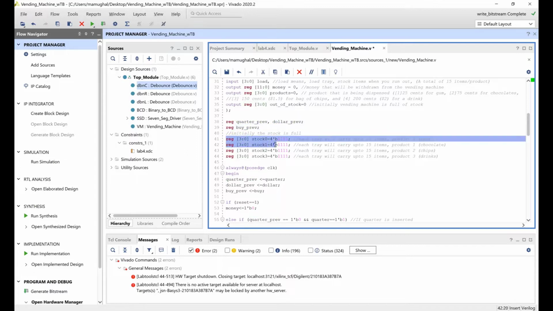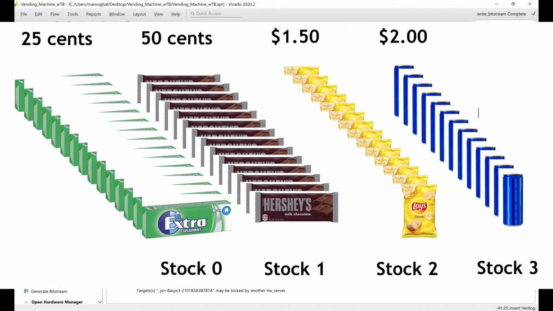Initially, we're going to have the full stock of the 4 products. Each tray will carry up to 15 items. So remember, stock 0 is basically the gum, this is your product 1. Then you have stock 1, which is chocolate, stock 2, chips, and then drinks.